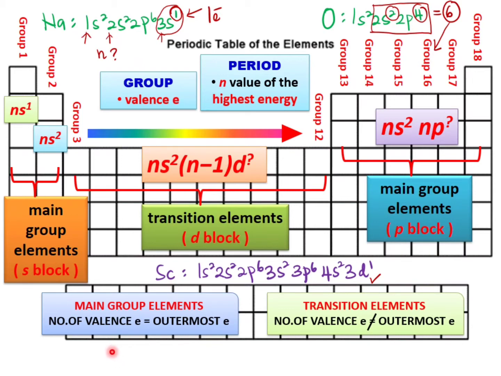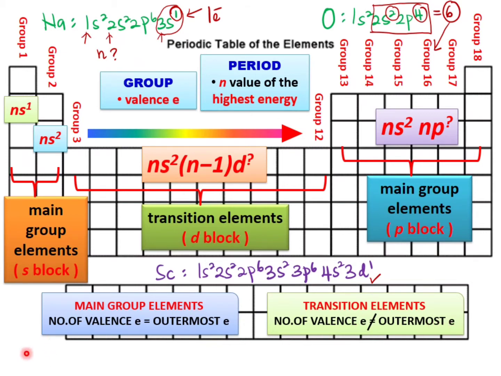Okay, so how to identify the group? The group depends on the valence electron. So how to find the valence? Valence is on the outermost shell. Okay, there is a little confusion here. For main group elements, the number of valence electron is equal to the outermost electron. But for the transition element, the number of valence electron is not equal to the outermost electron.